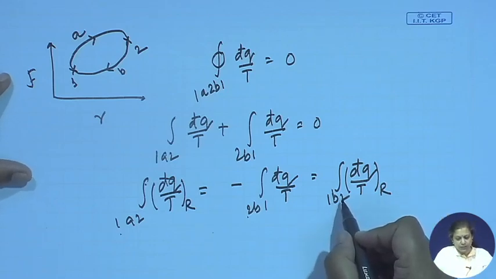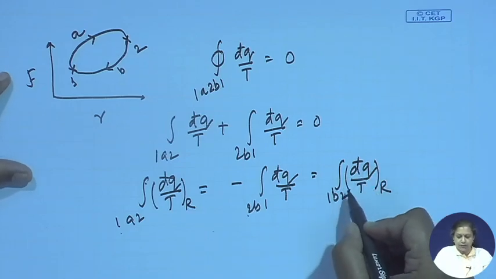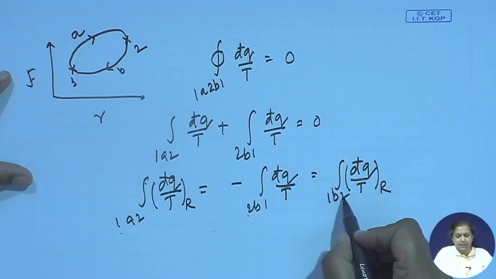So, what does it imply? It implies that provided the path is reversible, the quantity dq by T is independent of the path followed; it just depends upon the initial state and the final state. Naturally, if any quantity's change is independent of the path followed and depends only on the initial and final state, then that quantity, as we know, has to be a property of the system.